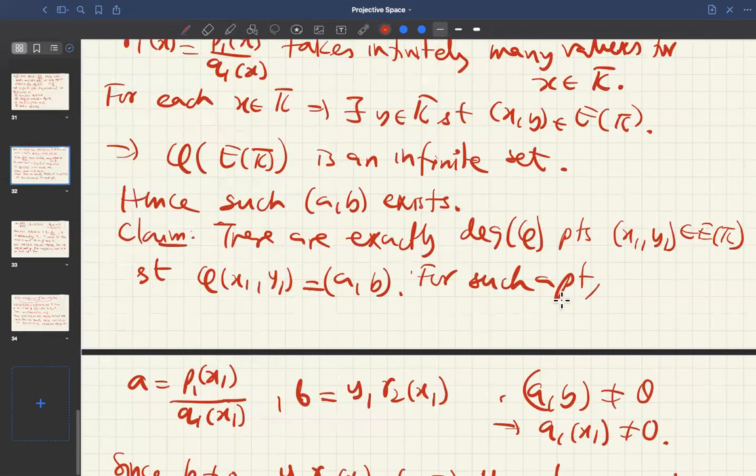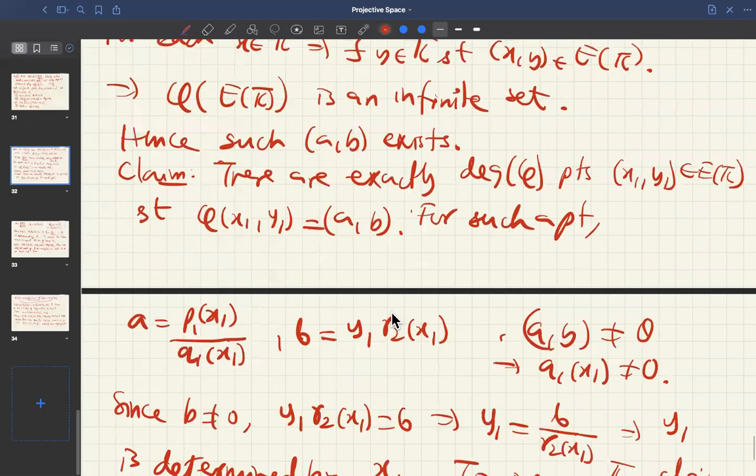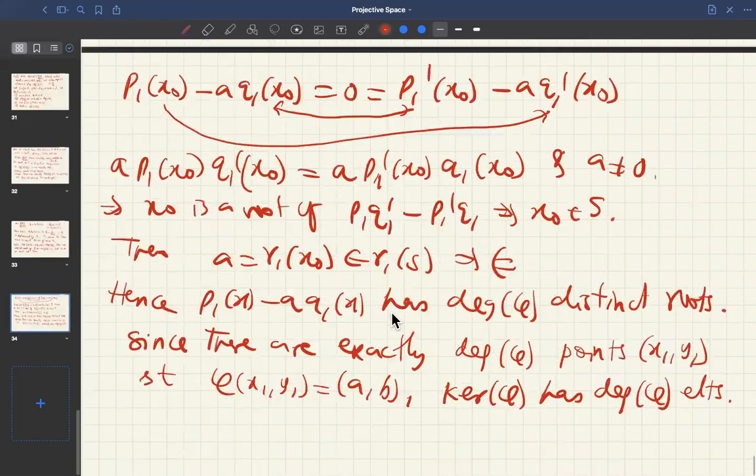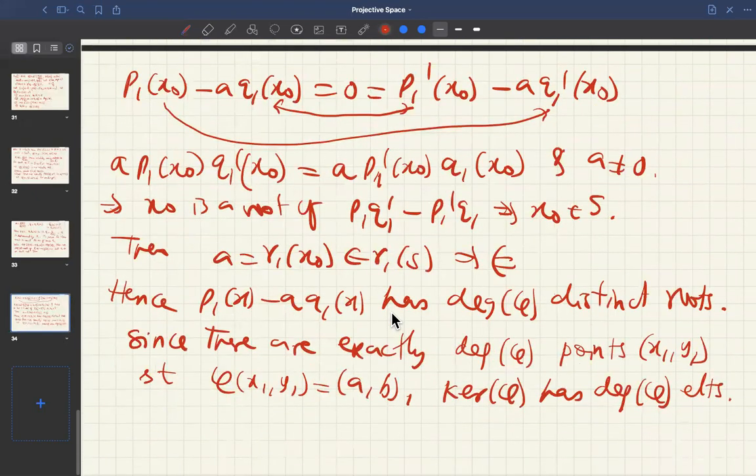So let me just come back to it. We have claimed that there are exactly degree of phi points x1 y1 such that phi of x1 y1 is AB. So far we are claiming it. Once we have claimed that, our aim is to show that kernel of phi has degree phi elements.